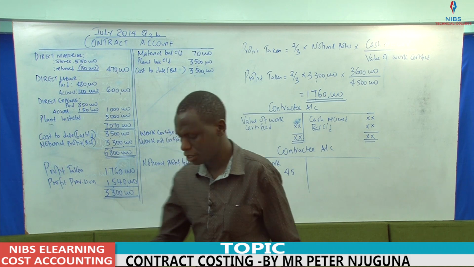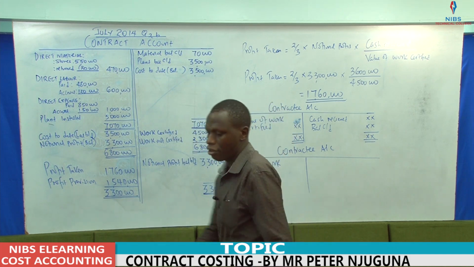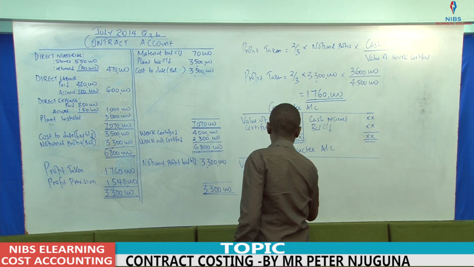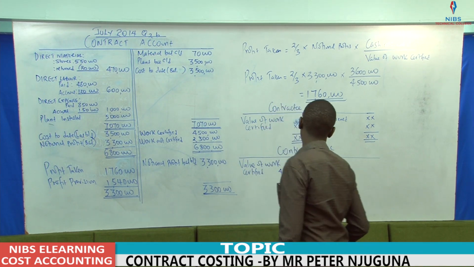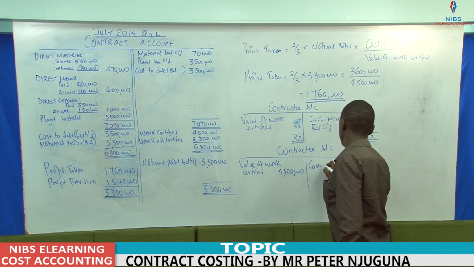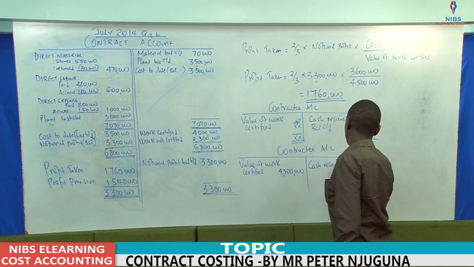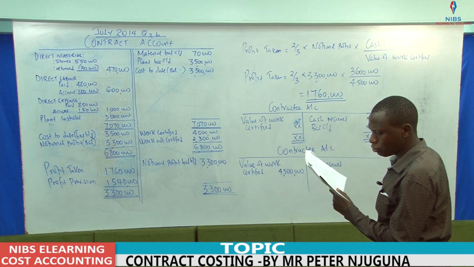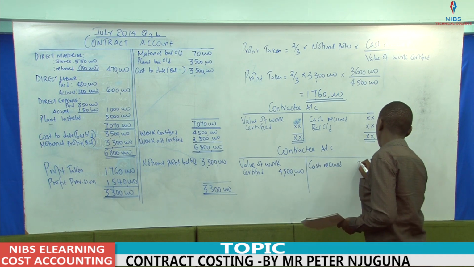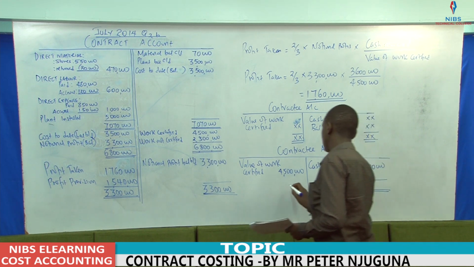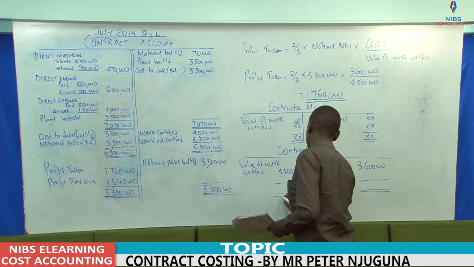Then on the opposite side we have cash received. How much was this contractor paid? He was paid a total of 3.6 million. So balance off to get the balance carried down in the contractee account.